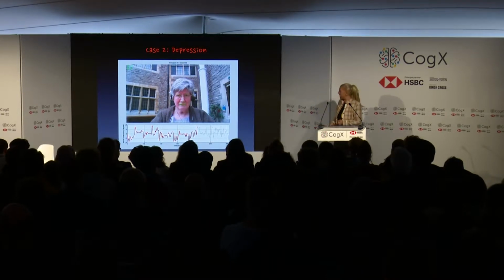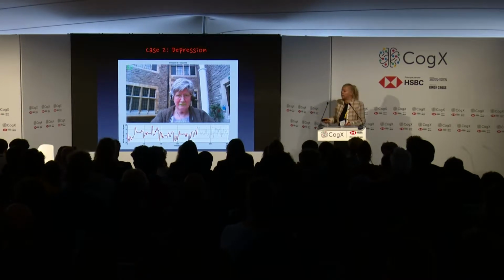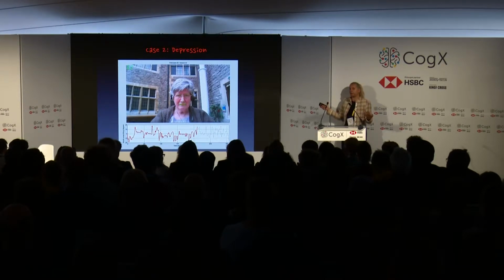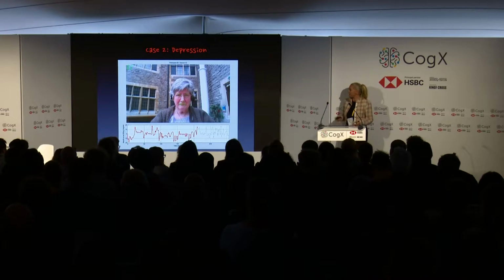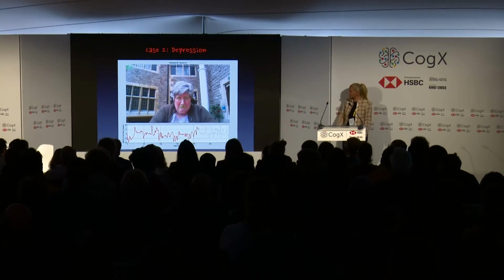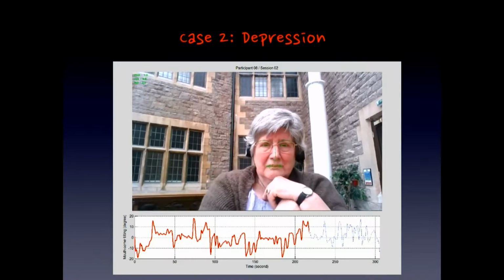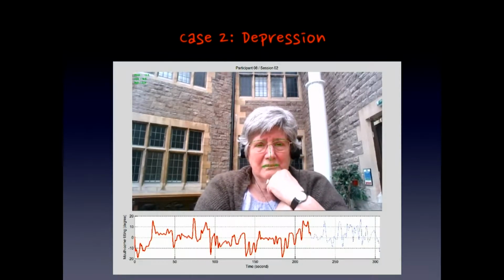How we did that is based on analyzing videos of people. We asked people to watch certain movies, and these are the reactions. Based on this, people usually, when I ask them what the lady was watching, would tell me that she was watching something really horrible, some kind of horror movie, but actually she was watching funny movies.